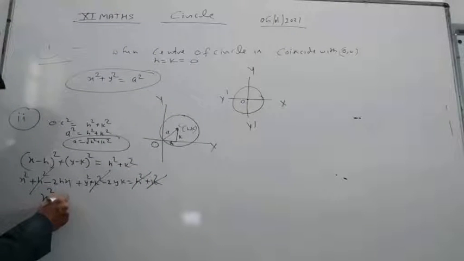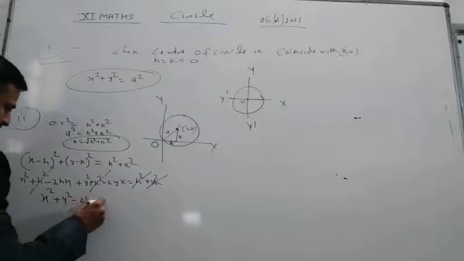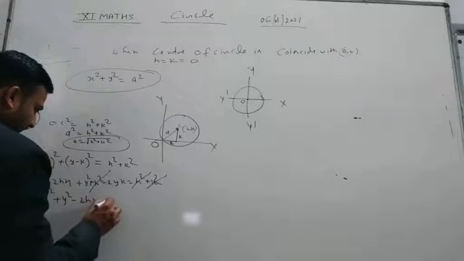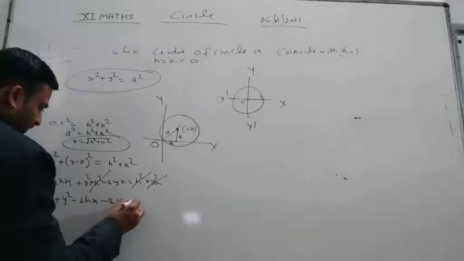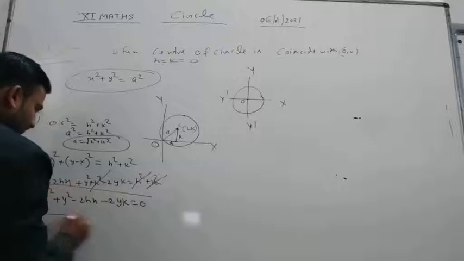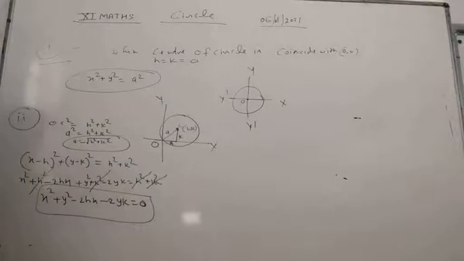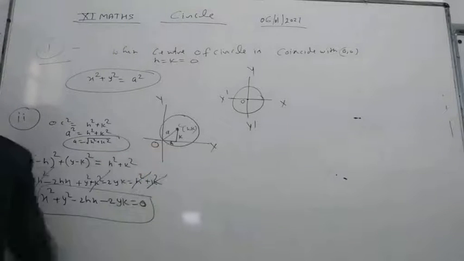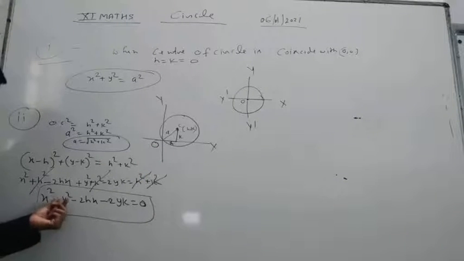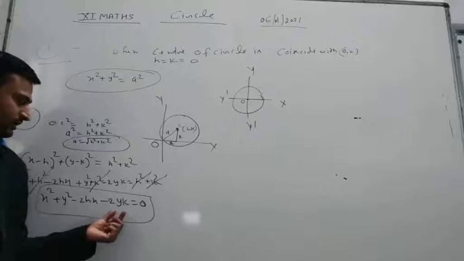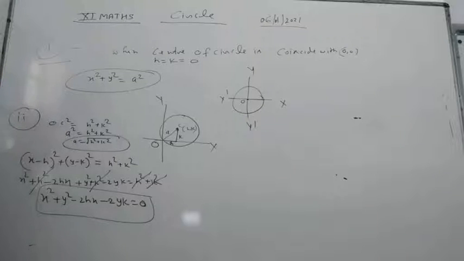So x square plus y square minus 2hx minus 2yk is equal to 0. Okay student, so when the circle is passing through the origin, our equation of circle will be x square plus y square minus 2hx minus 2yk is equal to 0.